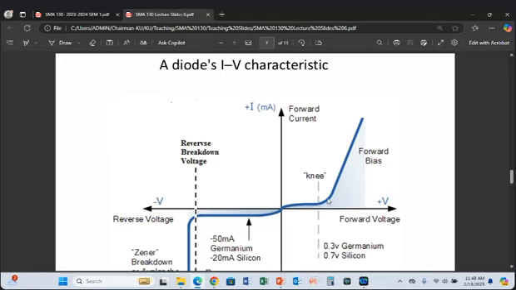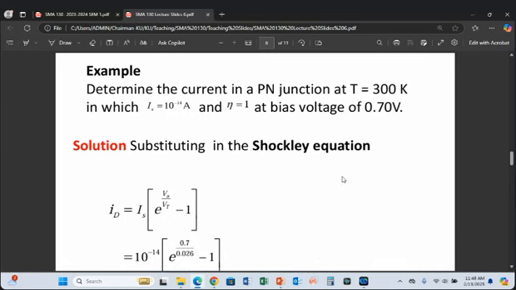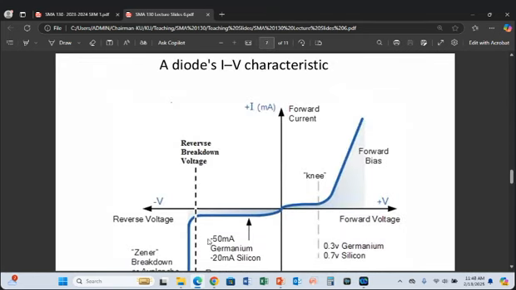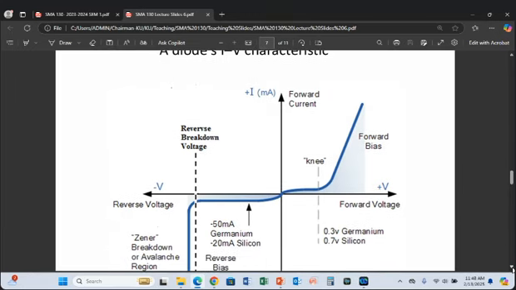When you exceed a voltage, for example for silicon 0.7, you get very high current for a small change in voltage. So this region is when the diode is forward biased. I don't know whether you understand. And this curve is actually a product of an equation which we call the Shockley equation.